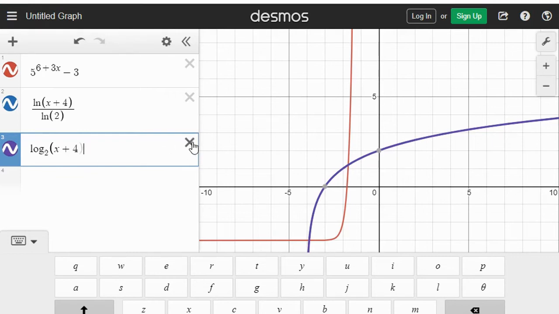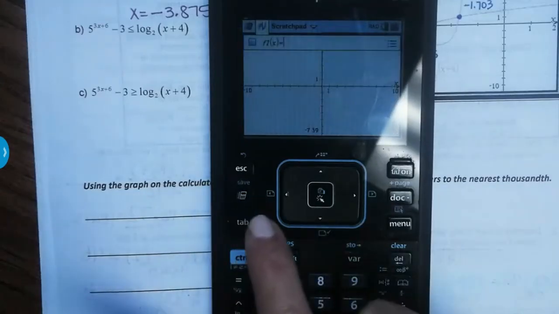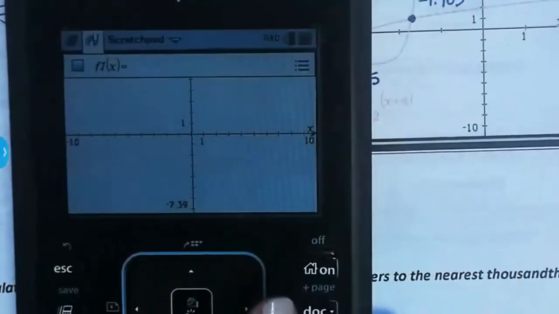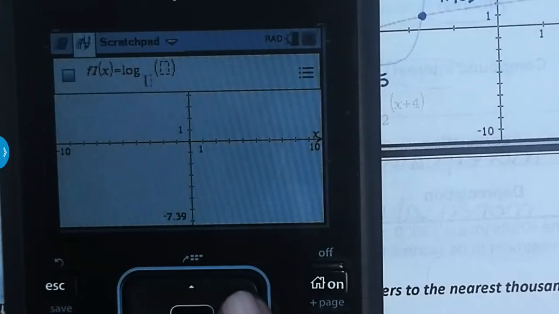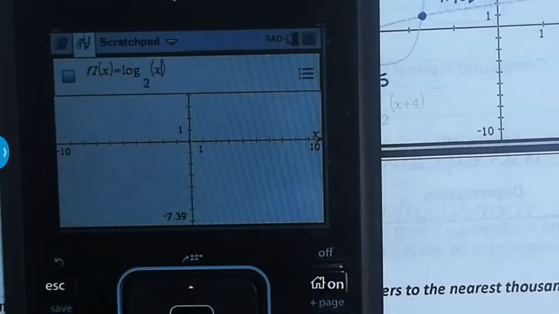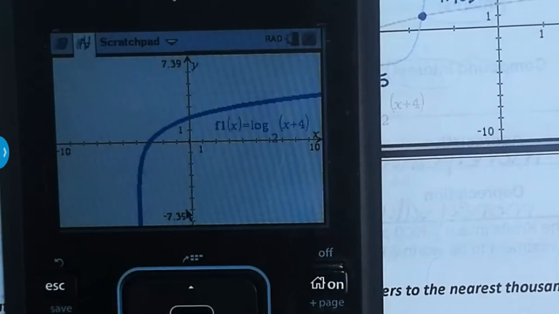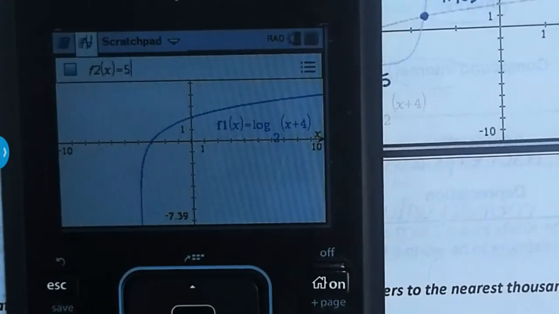The TI Inspire calculators, when we plug in these graphs, it'll give us a rounded value of the x. So do you know how to see the whole number so I can round to the thousandths place? Yes. So for that situation, once you graph it, log 2 of x plus 4 equals 5 raised to the minus x minus 4.